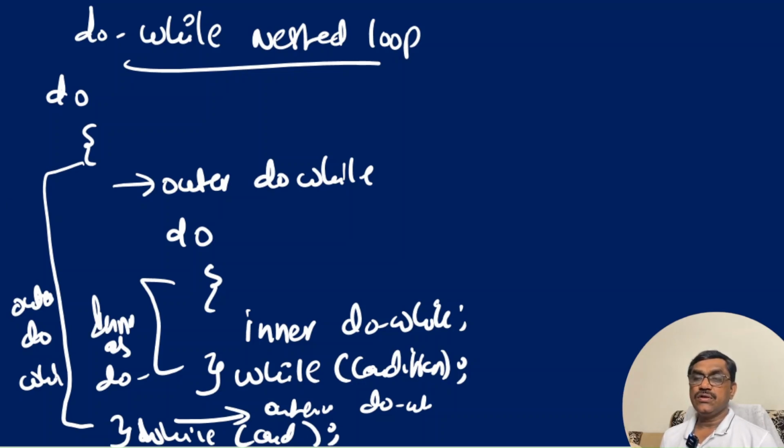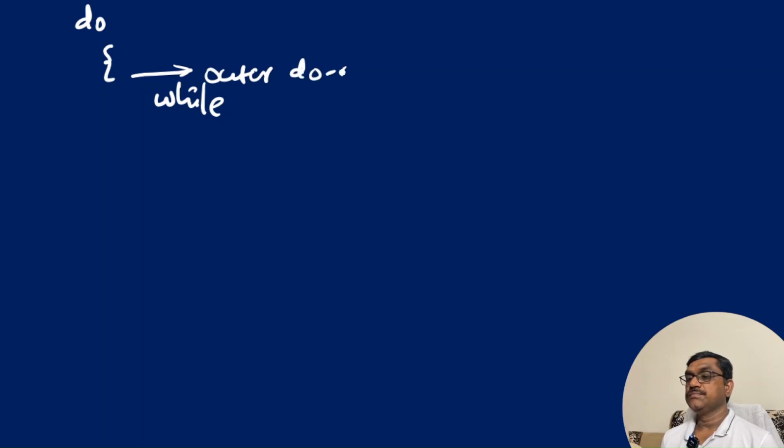Not only can we have the same kind of inner loop and outer loop, we can also have different types of inner and outer loops, which we will see. For example, here I am writing do. Within do, I am going to write while. This is the outer do while. Now within the outer do while, I am writing while condition.